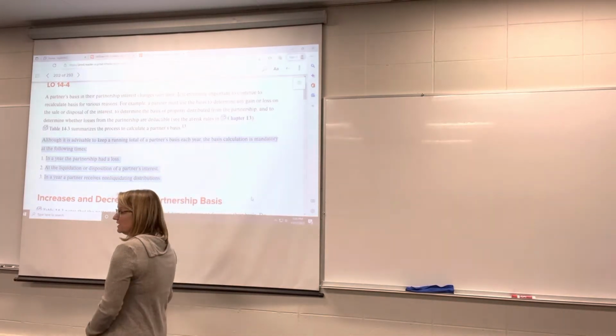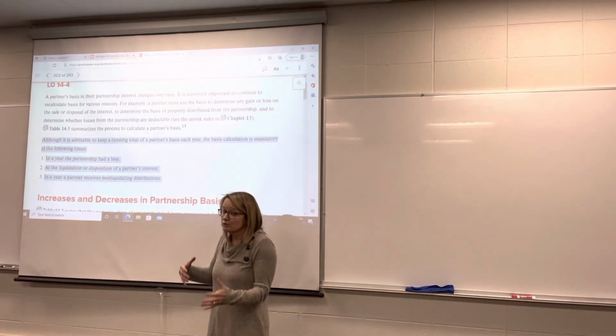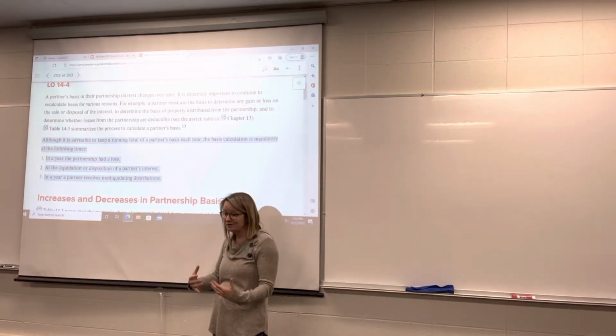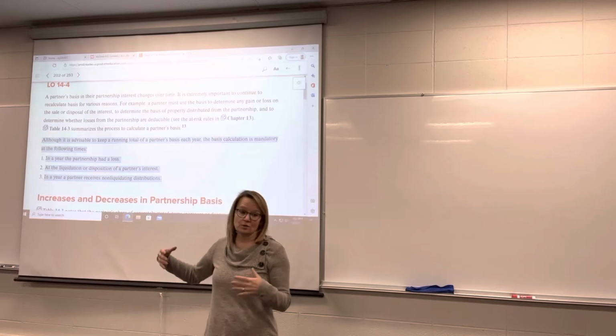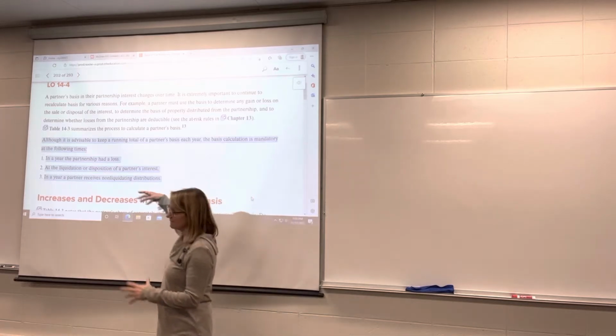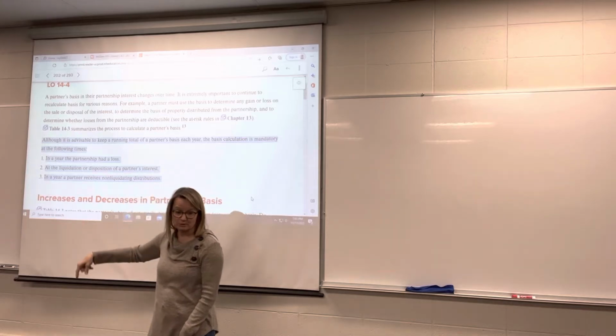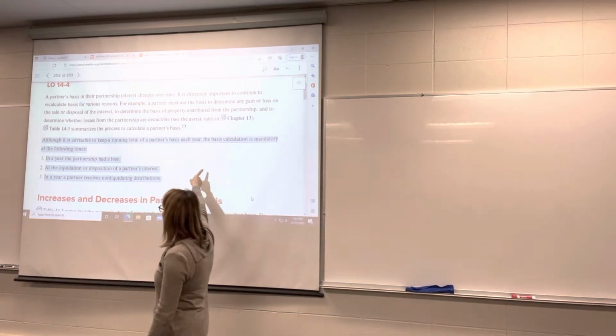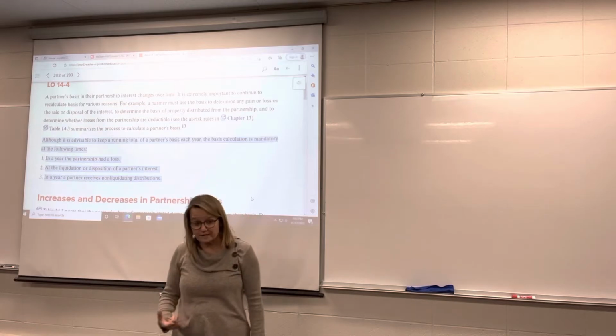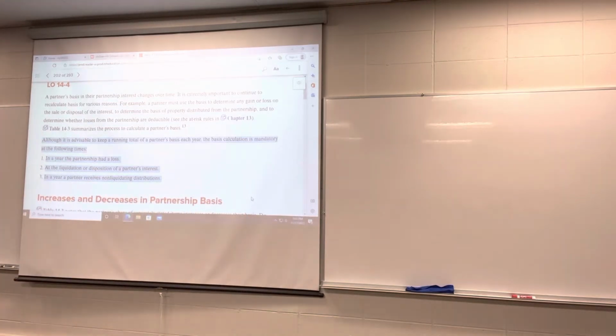But in order to make a withdrawal, you have to have money in your bank account. So the basis is that money in the bank account. If there's not enough there, then we've got a problem because it can't go below 0. So these 3 times are when it is required to know what the basis is, but it's always a good idea to keep it updated anyway.